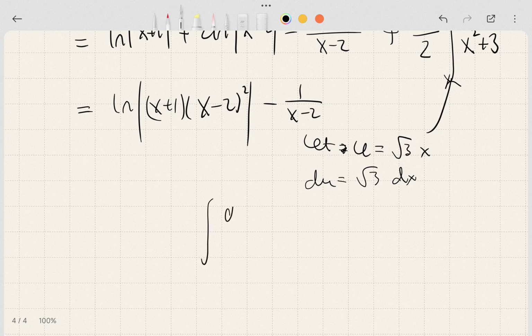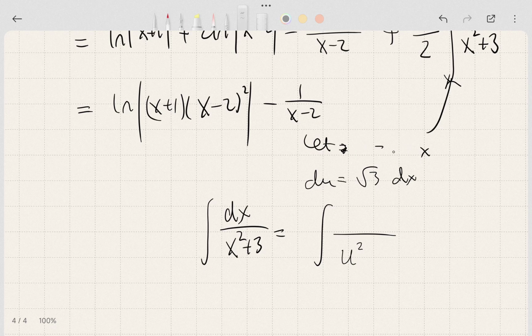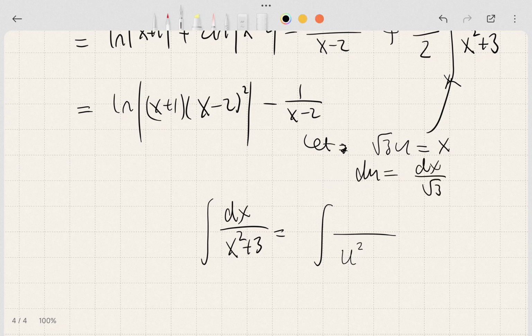So therefore, the integral of dx over x squared plus 3 would be equal to the integral of 3u squared... oh wait a minute, no, this should be let x equal root 3 u. So therefore dx would be equal to root 3 du.